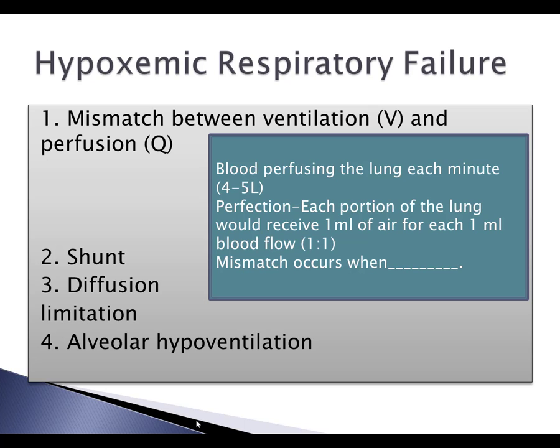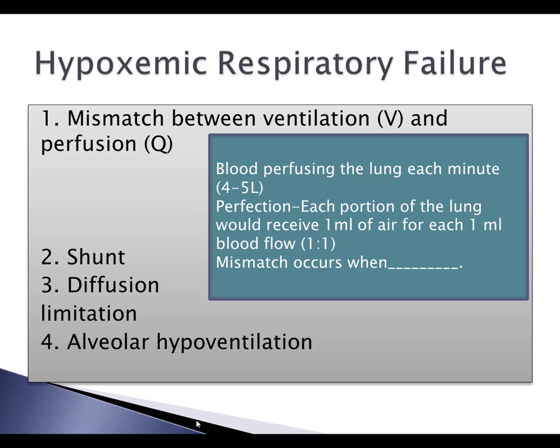And our last type of hypoxemic respiratory failure VQ mismatch is alveolar hypoventilation. This is a decrease in ventilation causing an increase in carbon dioxide and a decrease in oxygen. Patients who suffer from this often have a central nervous disease such as Guillain-Barré or ALS.